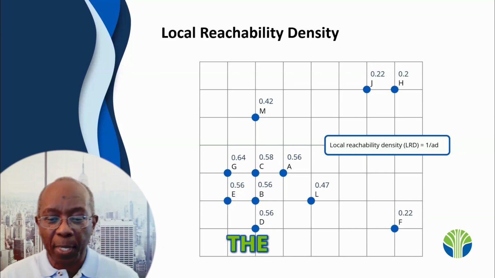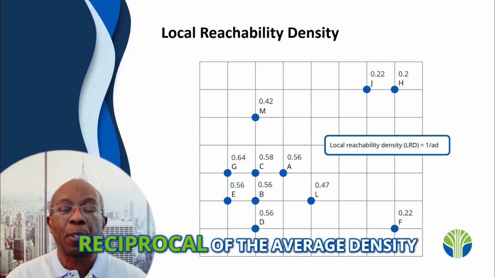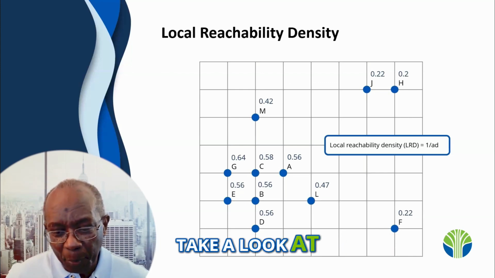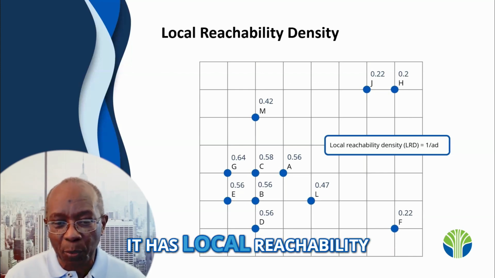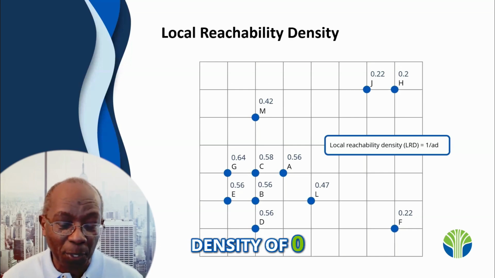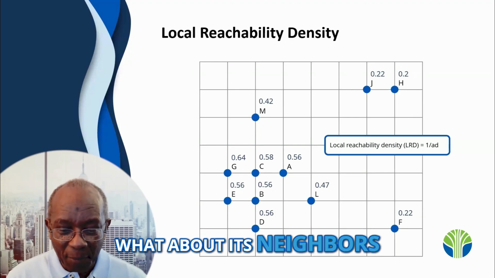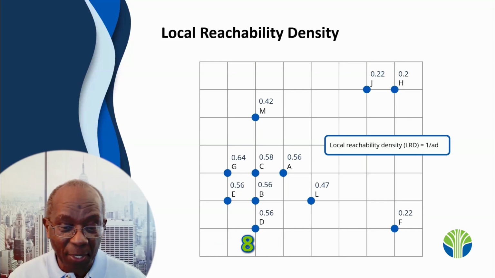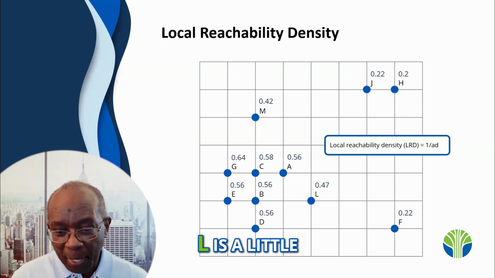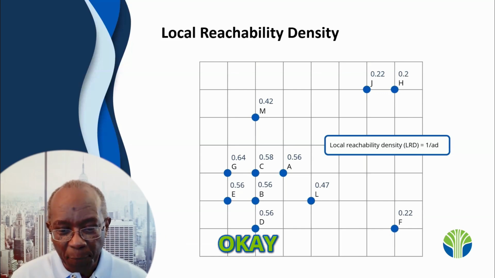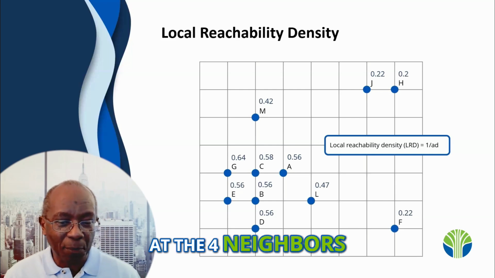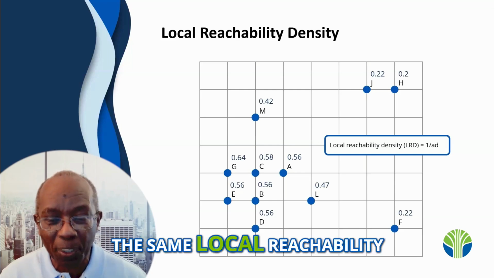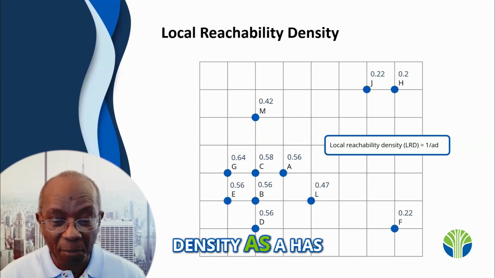Now that we've got the reciprocal of the average density, take a look at a point like A. It has local reachability density of 0.56. What about its neighbors? Well, B also has 0.56, C has 0.58, which is not much different. L is a little bit lower. Okay, so if I look at the four neighbors of A, they're more or less the same LRD, the same local reachability density as A has.